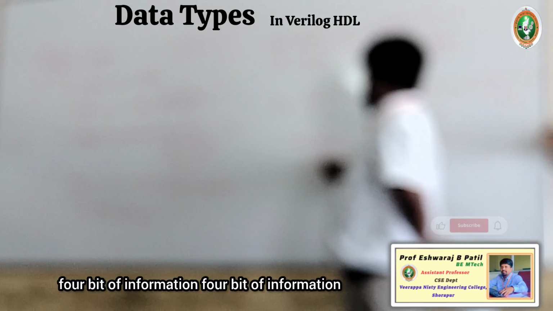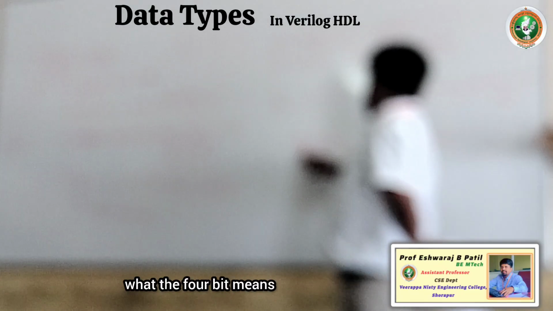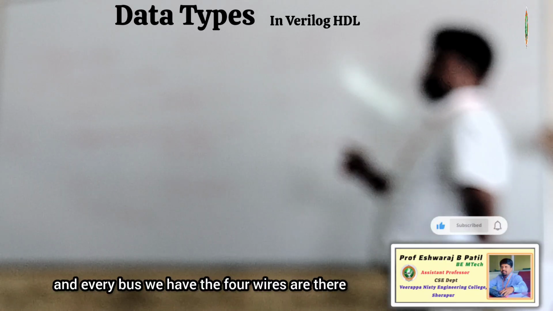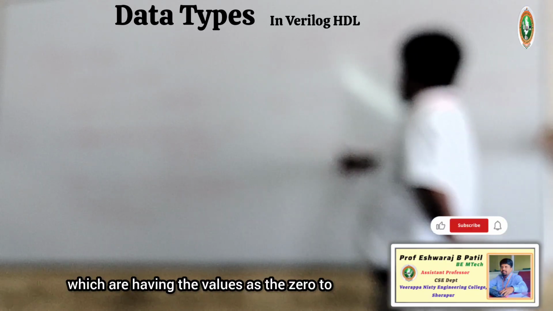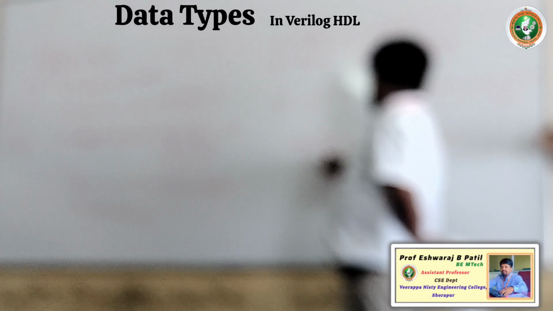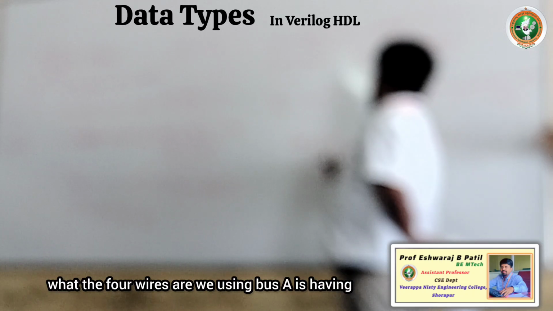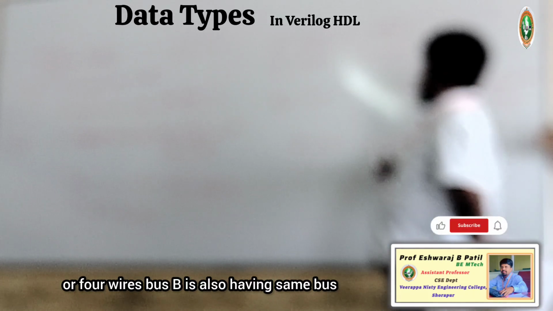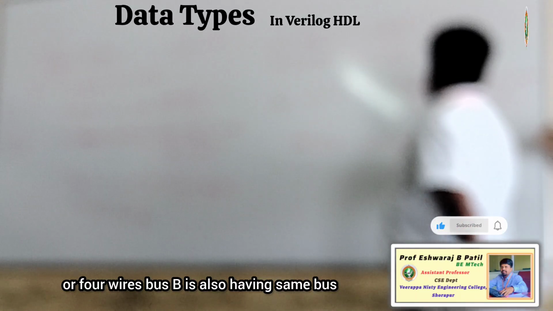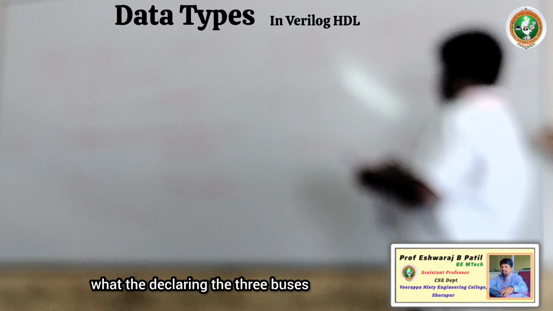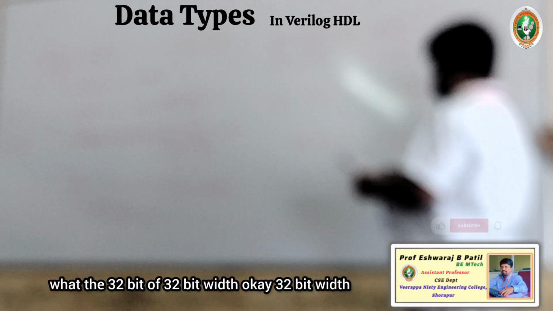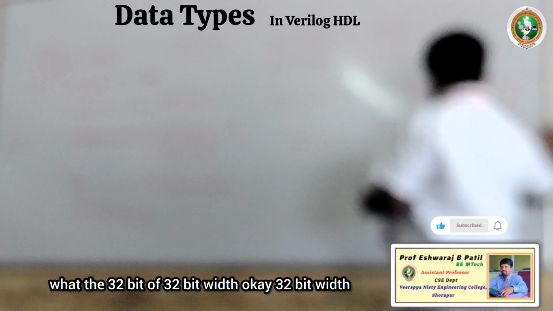The bus width is 4 bits, meaning there are 4 wires in each bus, with values 0 to 3. Bus A has 4 wires, bus B is also the same, bus C is also the same. It means declaring 3 buses with 32 bit width.